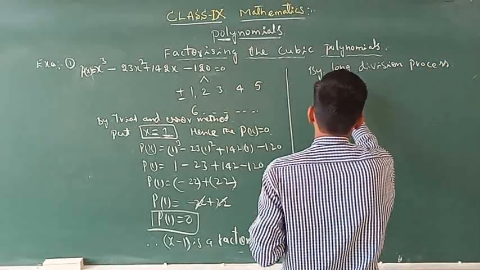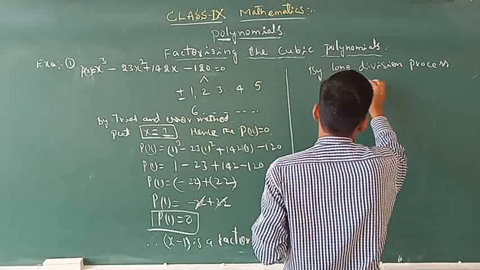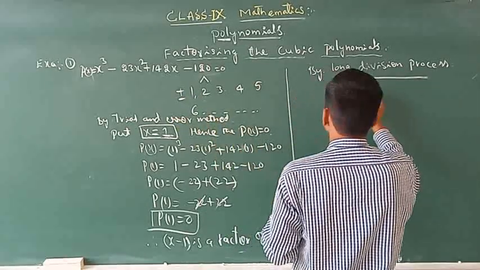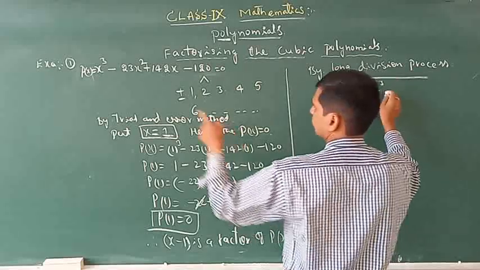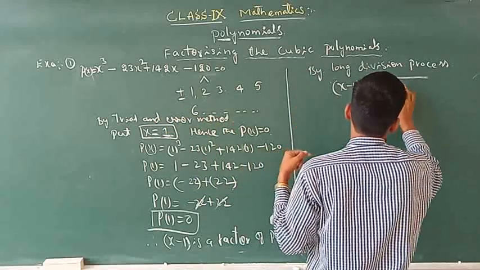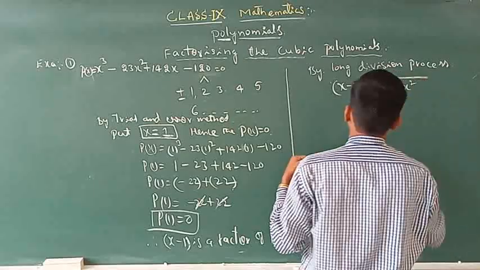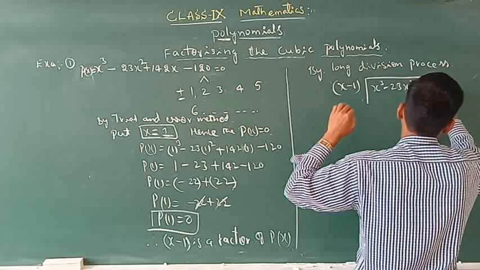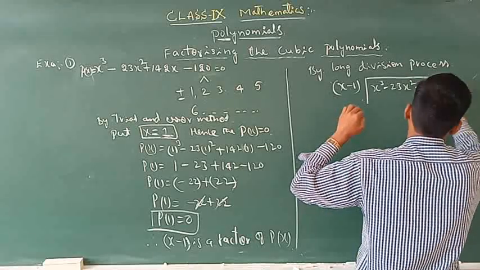So you can write x minus 1 like this, and the polynomial x cube minus 23x square plus 142x minus 120.